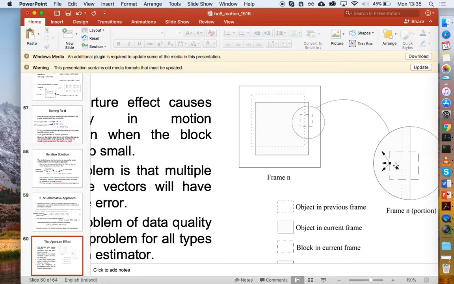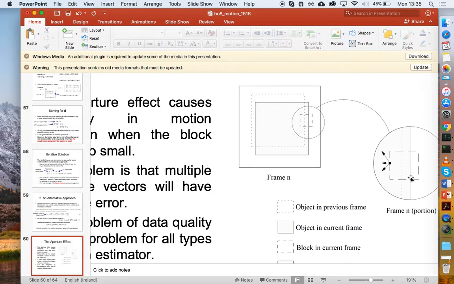But if you look locally, if you just look at your block, if you're at an edge, all you see is that something has moved, that the vertical line, the boundary, has moved from here to here. But you don't know whether it's going up, down, or straight. You just don't have enough information. So you only solve part of the problem. You know it has moved at least along the x direction, but you don't know by how much in the y direction.